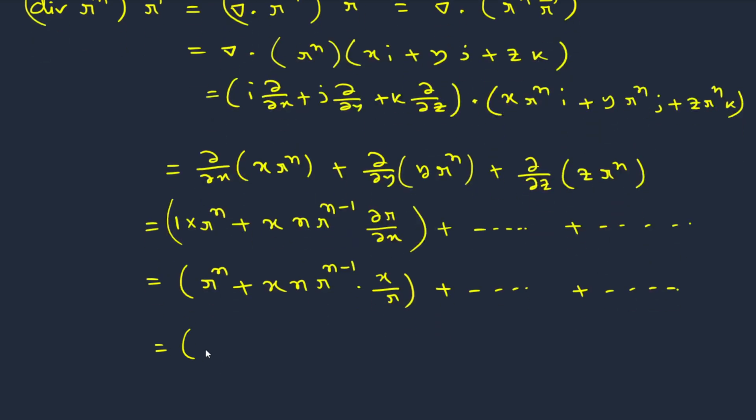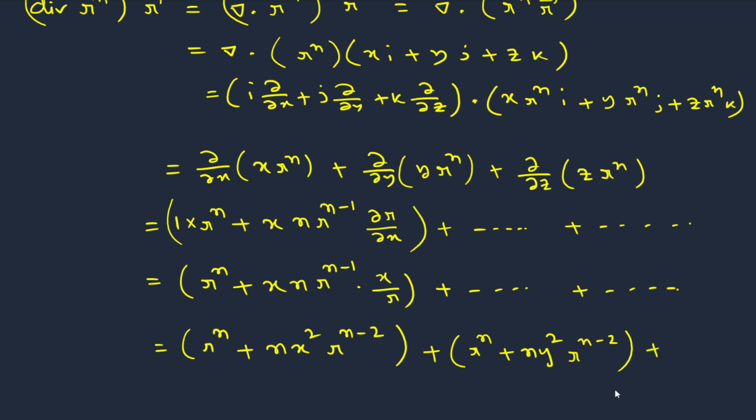So what we will have? r to the power n plus n into, see, x into x is x square, and then this r into r to the power n minus 2. Similarly here you will get y square r to the power n minus 2, plus z square r to the power n minus 2.